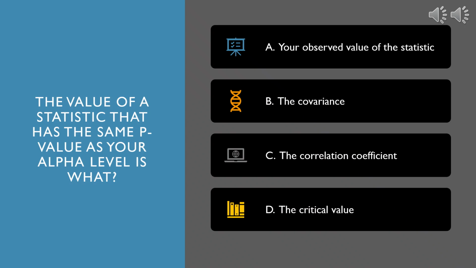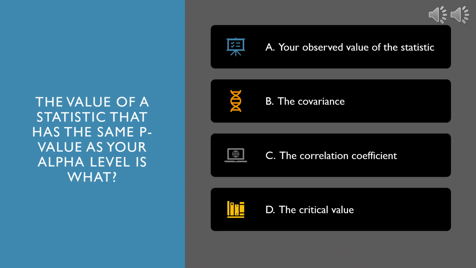The value of a statistic that has the same corresponding p-value as your alpha level is called what? That is going to be D, the critical value. When you look up in a table an alpha level of 0.05, what's the critical value? Let's say you're using a t-table.